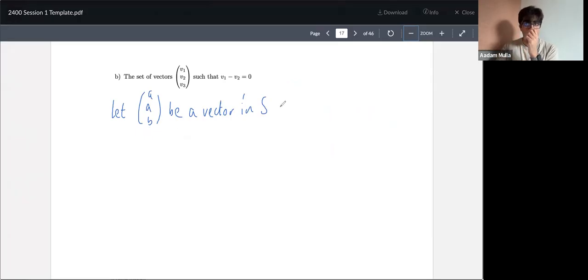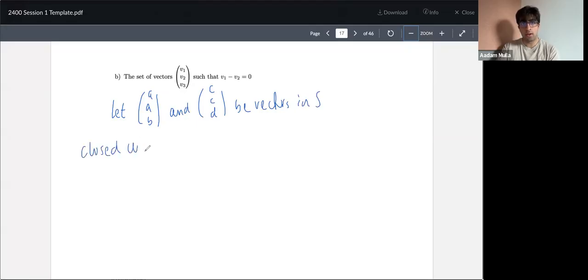So let (A, A, B) and (C, C, D) be vectors in S. We'll show that we're closed under addition. How do we do that? We take one vector from S, add it to another vector from S, and we can see that we're going to get A plus C, A plus C, and B plus D.